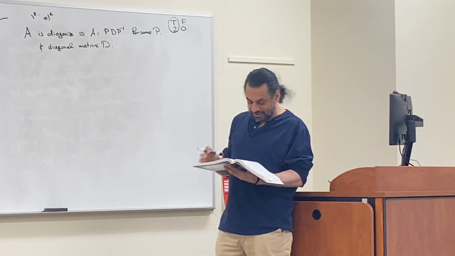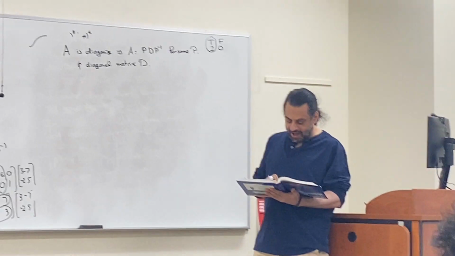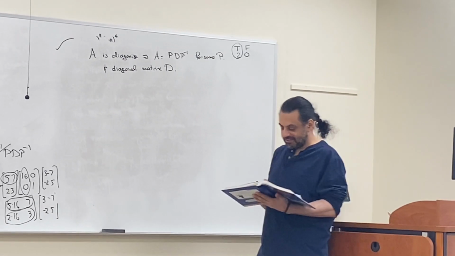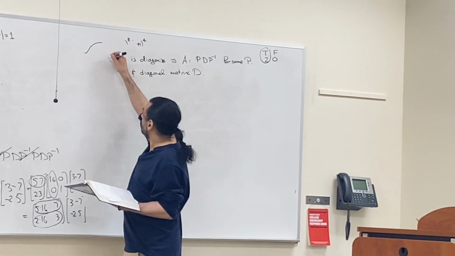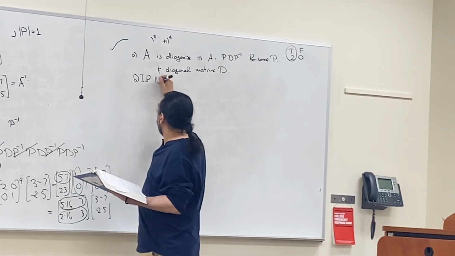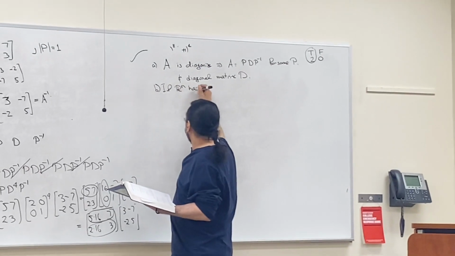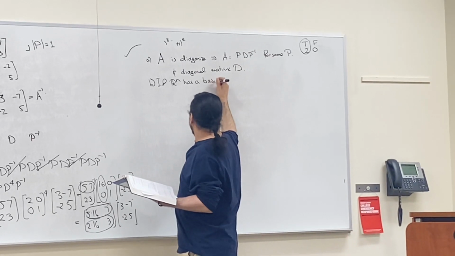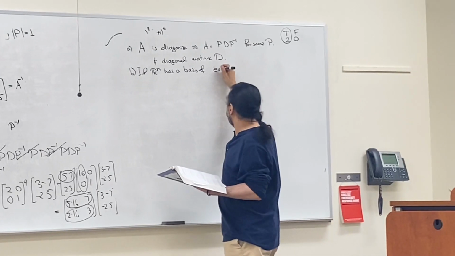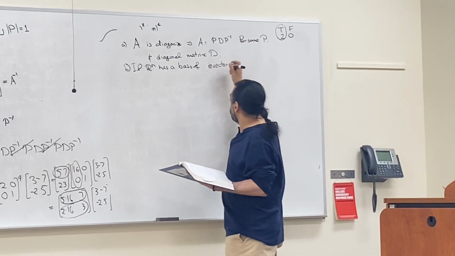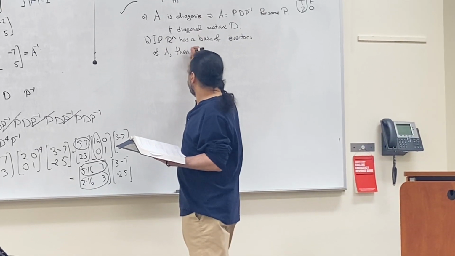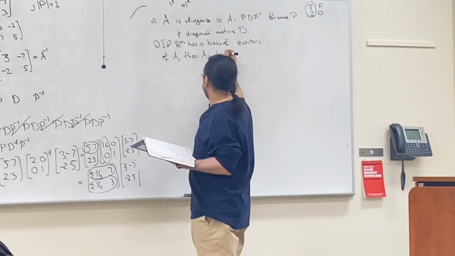Let's see, how about the second one? B says, if R^n has a basis of eigenvectors of A, then A is diagonalizable.